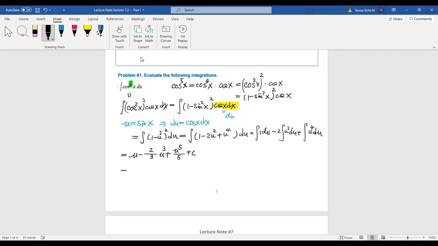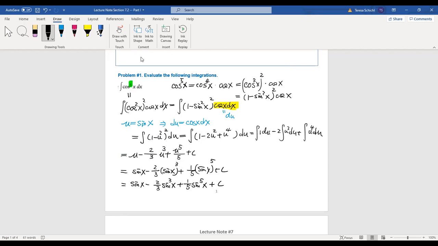Now you substitute what your u is, so this will be sine x minus 2/3 sine x to the cube plus 1/5 sine x, the whole thing to the 5th, plus c. Some people like to write it this way. This is 2/3, so some people like to write a 3 here, like this. That will work also. That's a different way to write the exponents in the sine function.